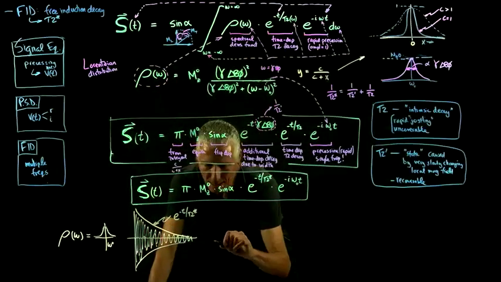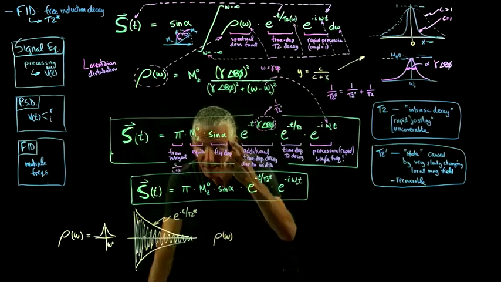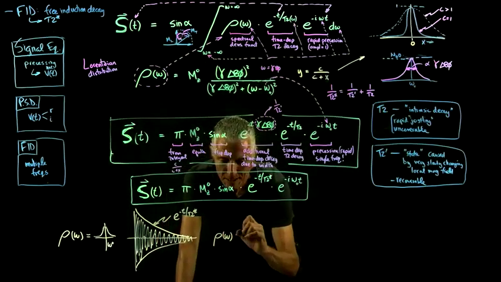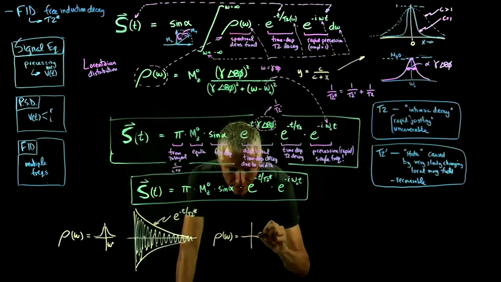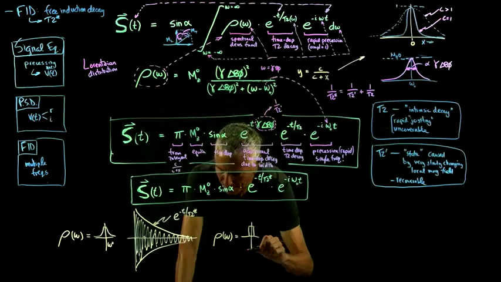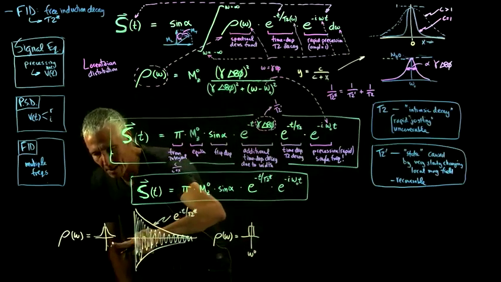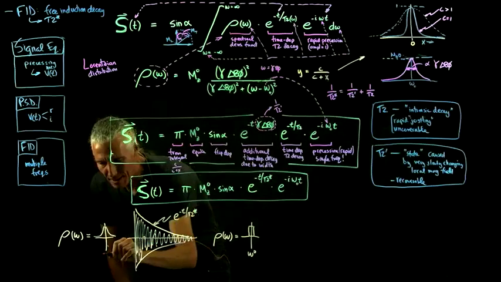Let's take another example. What if we solve this equation with a band of frequencies? Here's the omega 0 down here. That's not a Lorentzian distribution.